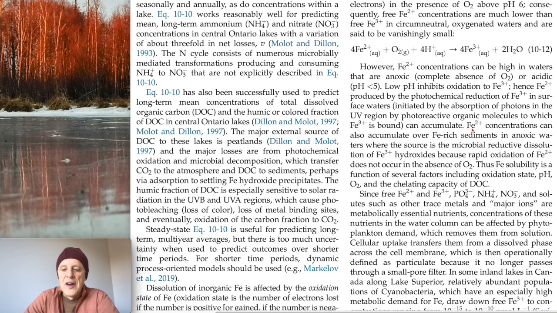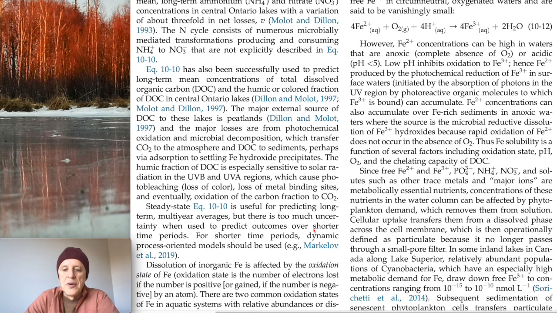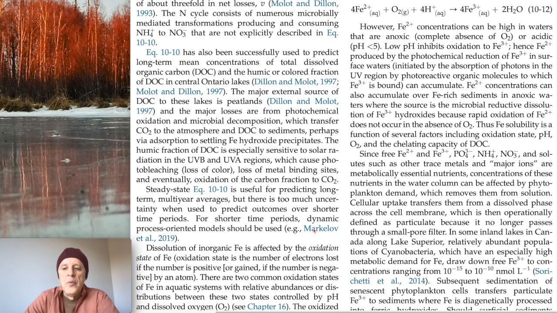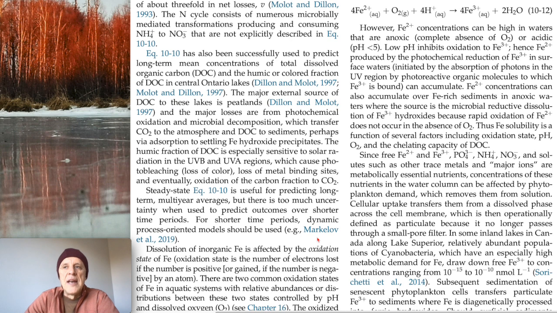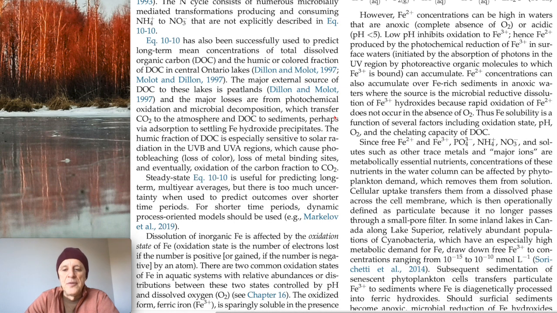Ferrous iron concentration can also accumulate over iron-rich sediment in anoxic waters, where the source is the microbial reductive dissolution of ferric hydroxide, because rapid oxidation of ferrous iron does not occur in the absence of oxygen. Thus, iron solubility is a function of several factors, including oxidation state, pH, oxygen, and the chelating capacity of DOC. The chelating means the ability of dissolved organic carbon to bind, or ligand, as we saw before.